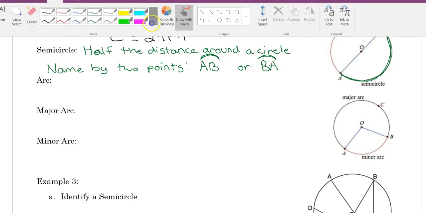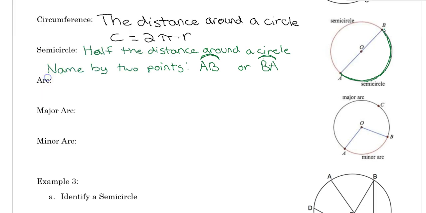All right, so then we have an arc. An arc is a part of the circumference cut off by an angle.